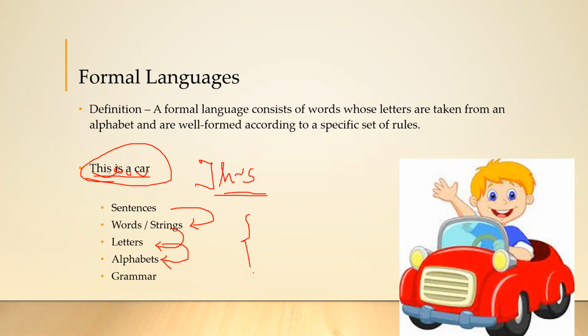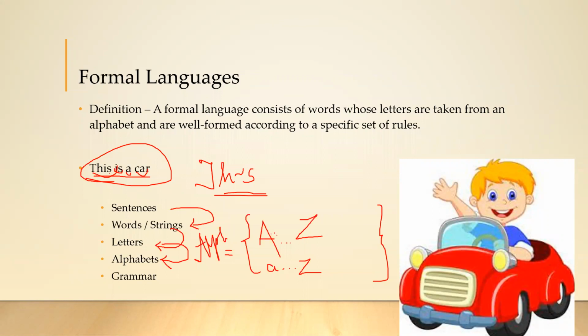Now, in English, when I'm talking about a formal language called English, I can have a set of alphabets. It can range from capital A to Z, and small a to z. These are my set of alphabets. Now, a letter is nothing but each individual component of my alphabet.